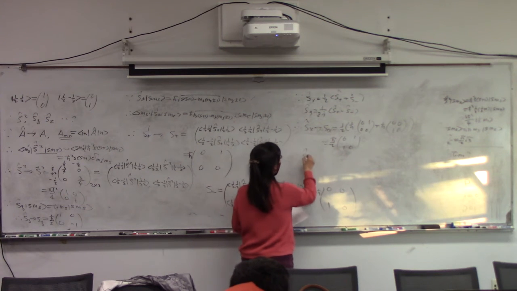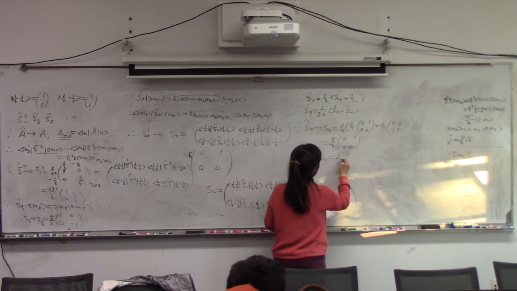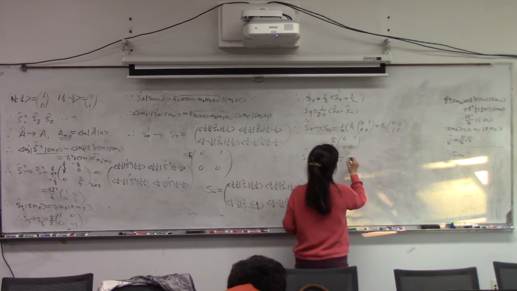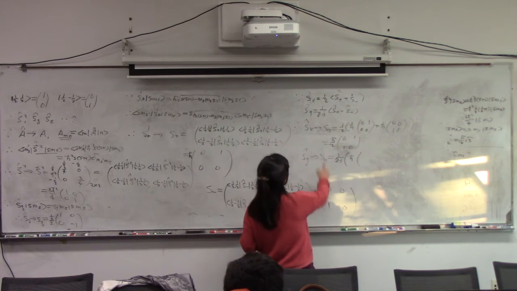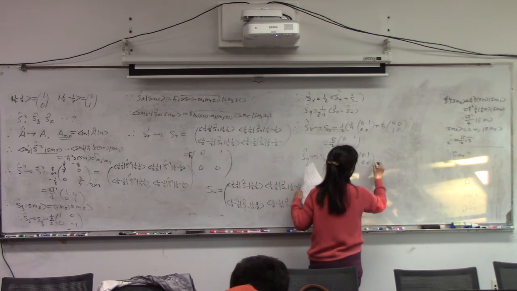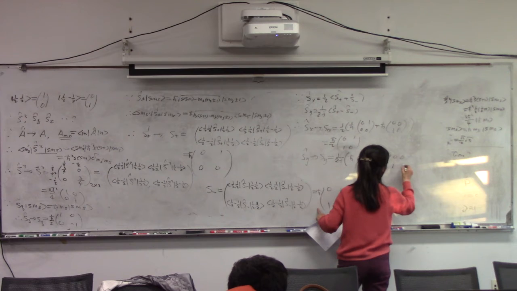Then Sy, you do the same thing. It is half, but this is i. Remember here, this denominator is i. Okay, and inside h bar, plus, still plus is here, 0, 1, 0, 0, minus h bar, minus 0, 0, 1, 0.